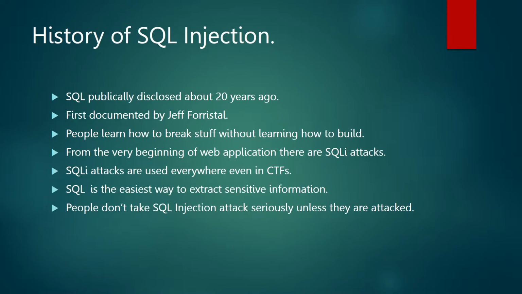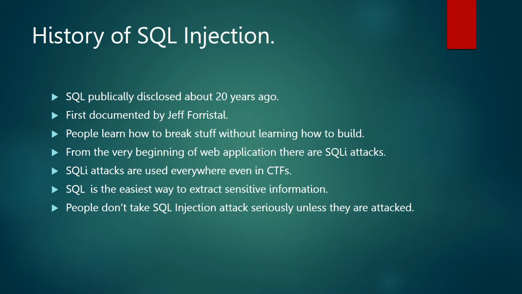SQL injection was first found over 20 years ago, and this was when it was publicly disclosed, which means that unofficially it was found years back. Let's say I would guess between 20 and 25 years ago, or just let's say when the first web application or website was spun up.